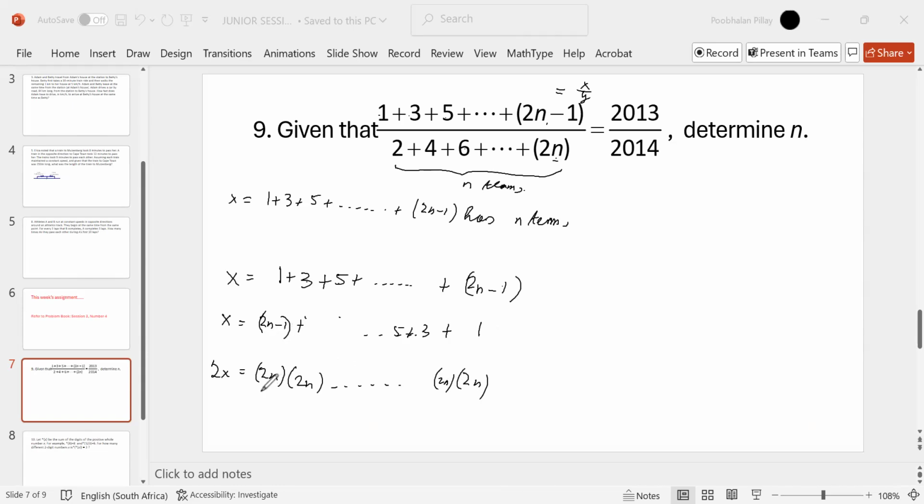So you got 2n added to itself n times: 2n plus 2n plus 2n, and there are n of these things added. So 2n added to itself n times is 2n multiplied by n.